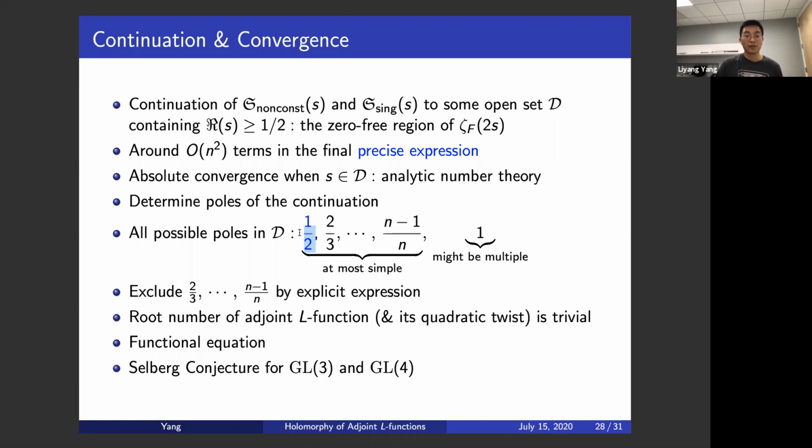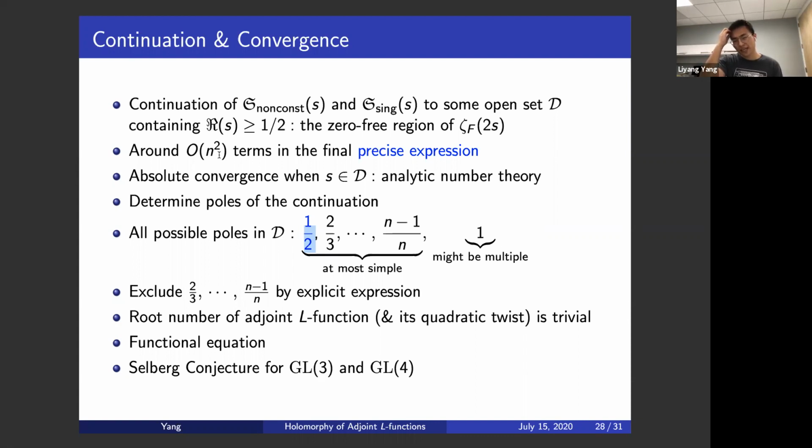Therefore, we will get a holomorphic continuation outside s equal to 1 in the region D. And applying the functional equation, we will get the main theorem, the Sato-Tate conjecture for GL3 and GL4. There are also other reasons that we consider GL3 and GL4 rather than GL5, because there are too many terms in the continuation.